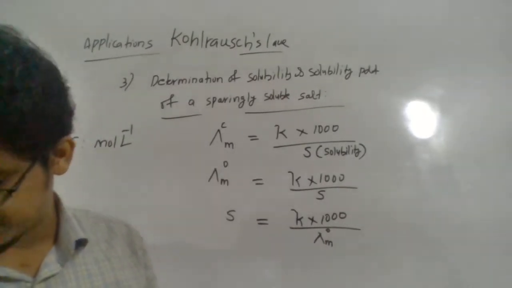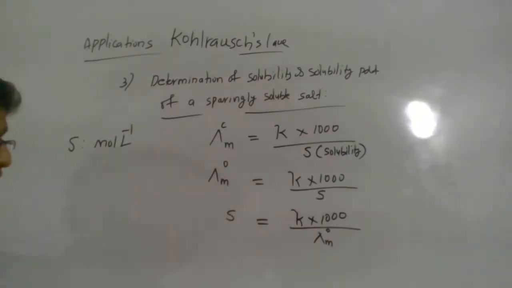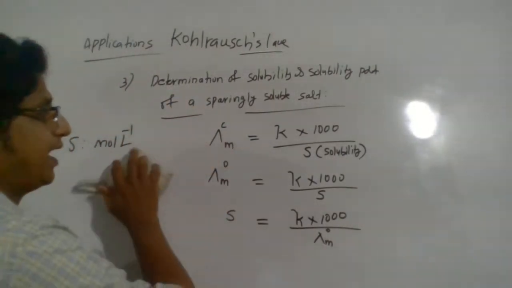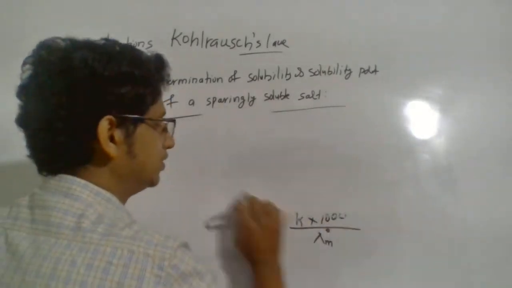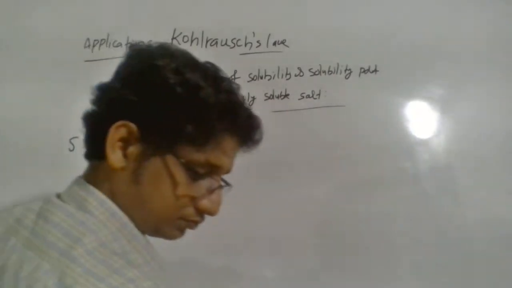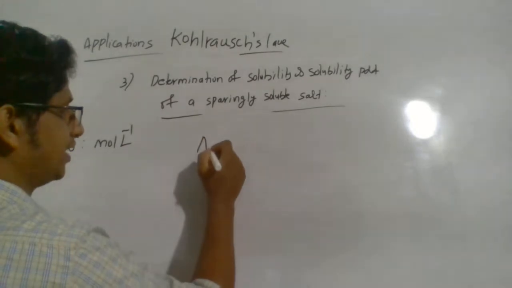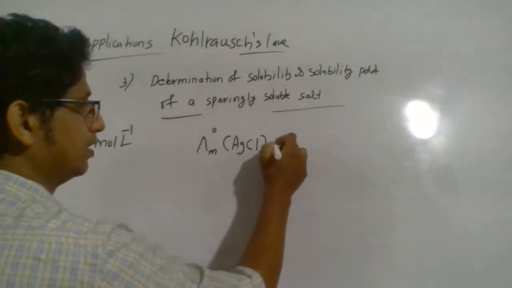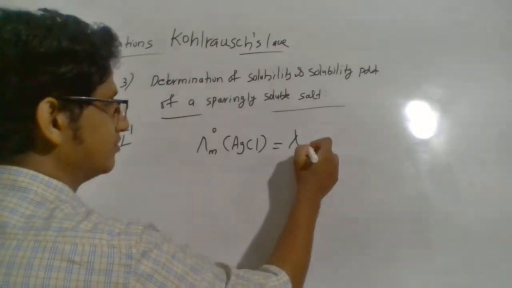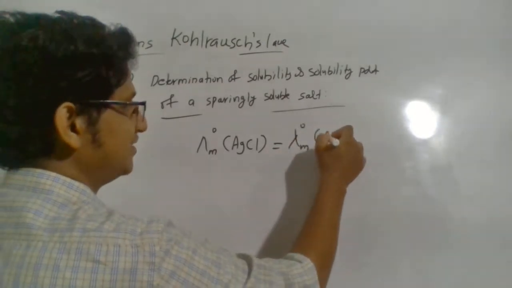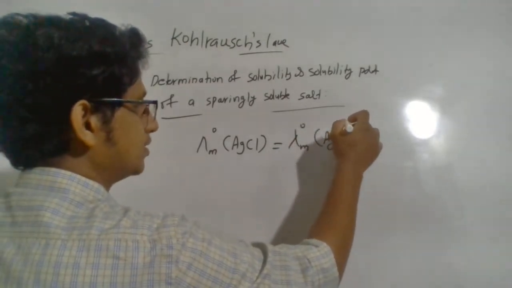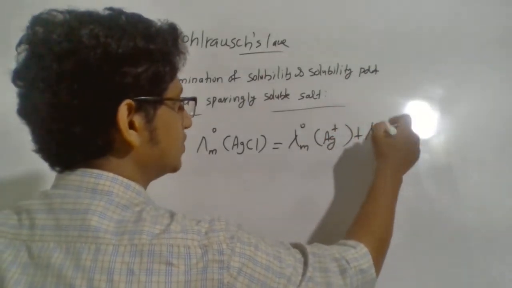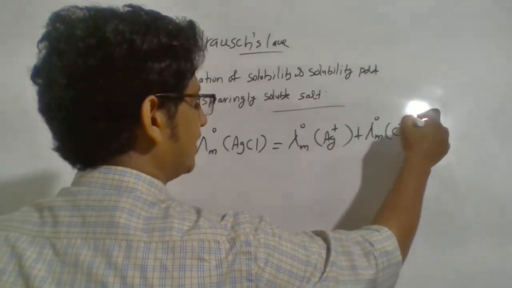Now let me take one example. Silver chloride is one example of a sparingly soluble salt. Molar conductivity at infinite dilution of AgCl will be lambda m0 Ag plus plus lambda m0 Cl minus.